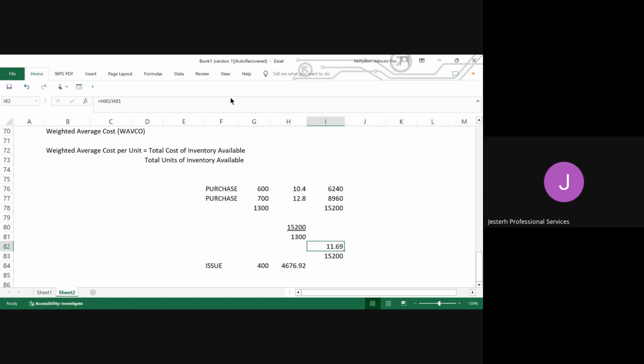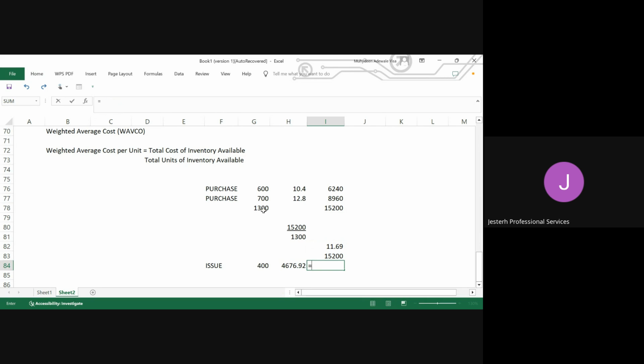This is the total value of what we are issuing out, 4,676.92 kobo.